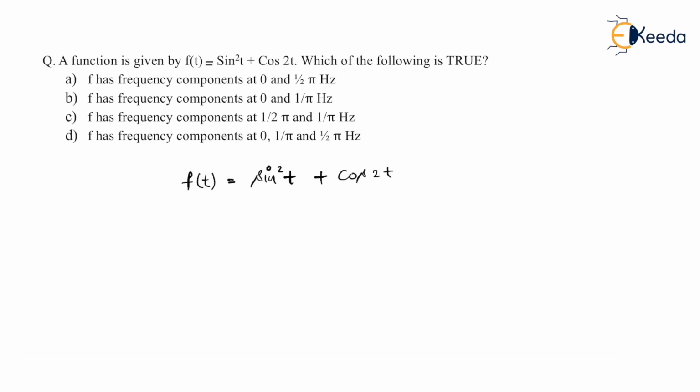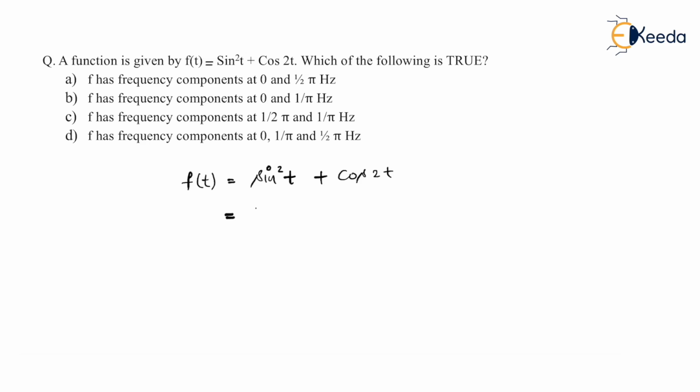In fact, they have tried to give you a Fourier series. But let me tell you, this is not an appropriate Fourier series because an appropriate Fourier series will never have sine square and cos square components. It will always have sine components and cos components. So if I want to remove this sine square of t, you know that sine square theta is (1 minus cos 2 theta) whole divided by 2.